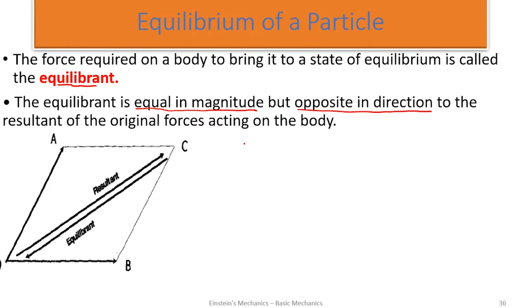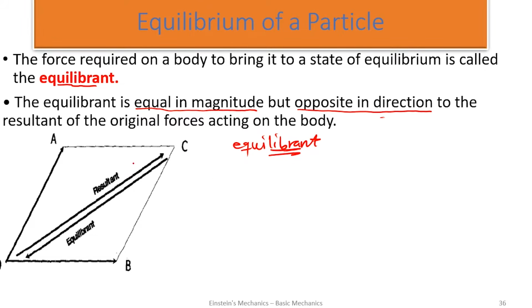So anytime you have a body in equilibrium, and because initially it was not in equilibrium, a force has to bring it to equilibrium, and that force we call the equilibrant. So in objectives you can be asked, and we know the nature of the equilibrant, that it is equal in magnitude but opposite in direction to the resultant of the original force.